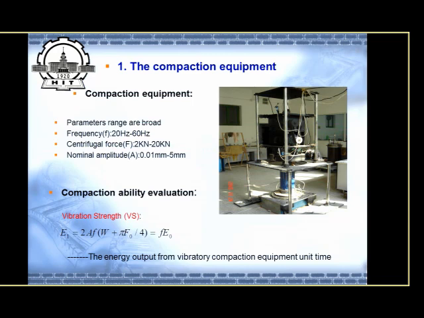We designed a machine. It has broad parameters: frequency from 20 Hz to 60 Hz, centrifugal force from 2 kilonewtons to 20 kilonewtons, and amplitude from 0.01 to 5 millimeters.